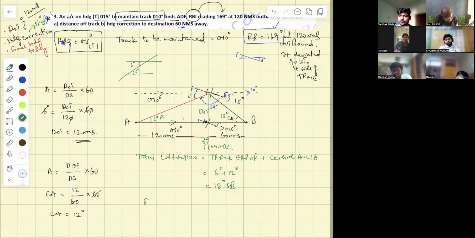So final heading: whatever is there now, 015 degrees plus 18 degrees, because it's starboard, that's why plus 18. It gets added clockwise. So how much? 033 degrees, because heading was true. Easy or no?